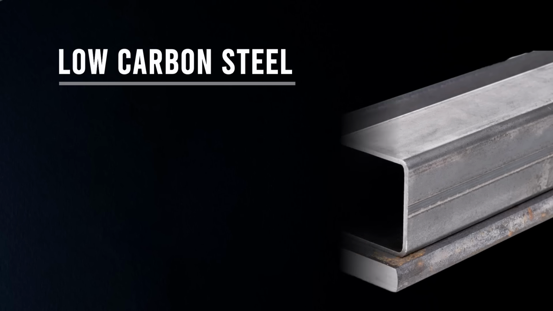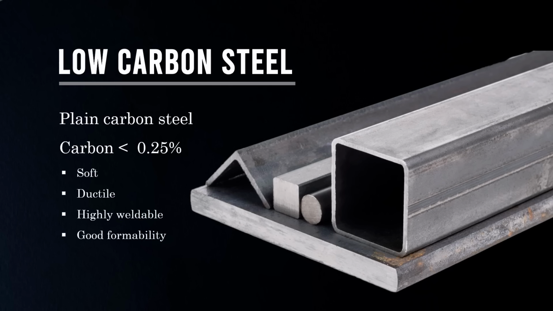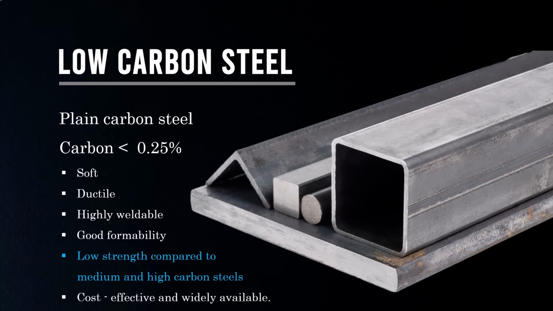Low carbon steels, also called plain carbon steel, contain less than 0.25% carbon. It's soft, ductile, and highly weldable, and has good formability, but low strength compared to medium carbon steel. It's cost-effective and widely available.